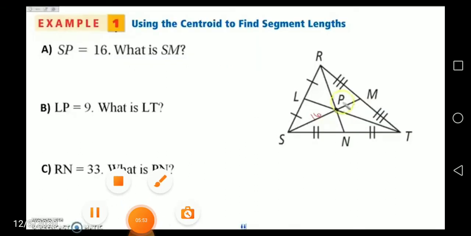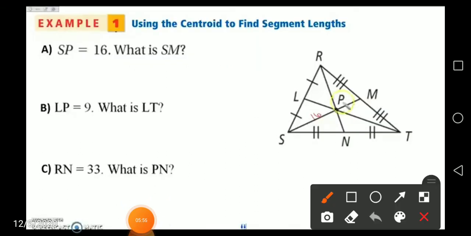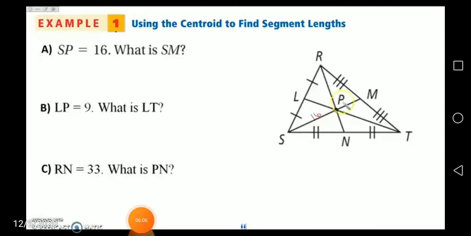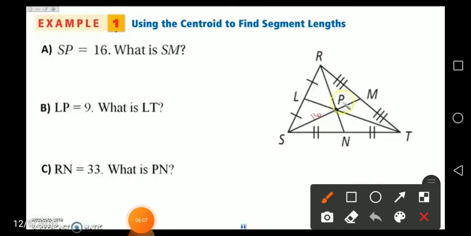Looking at this example, SP is given as 16. What's SM? Knowing that we have all medians, why? Because we have equal segments.